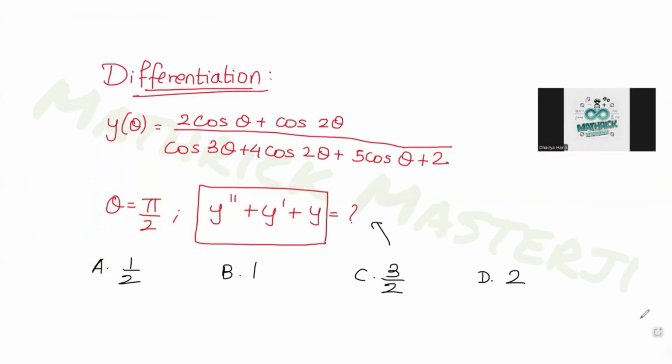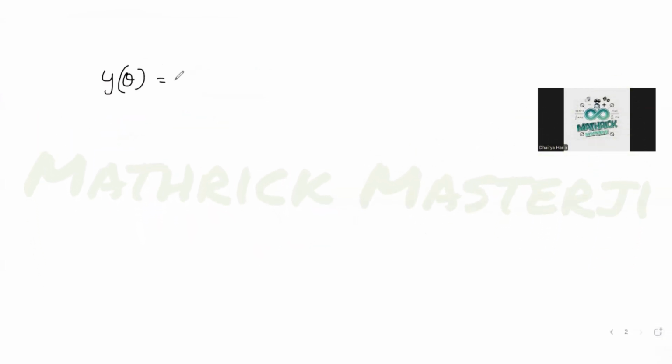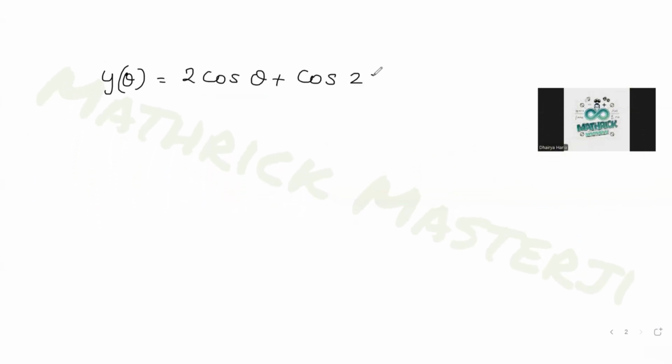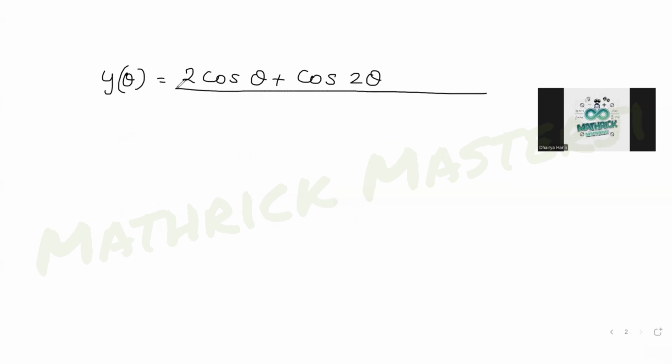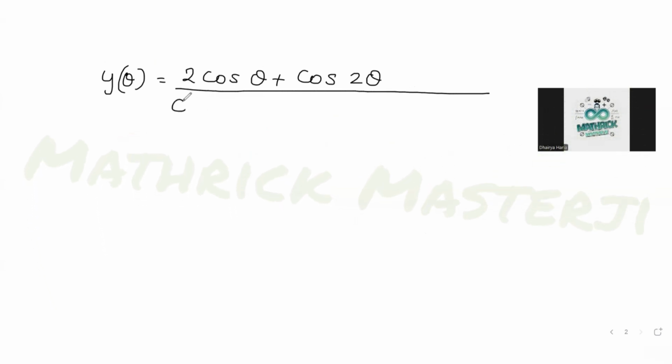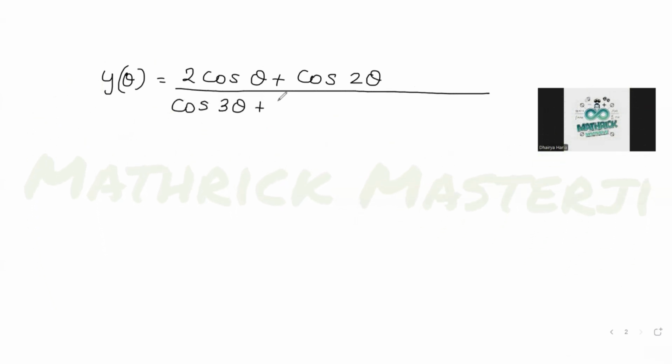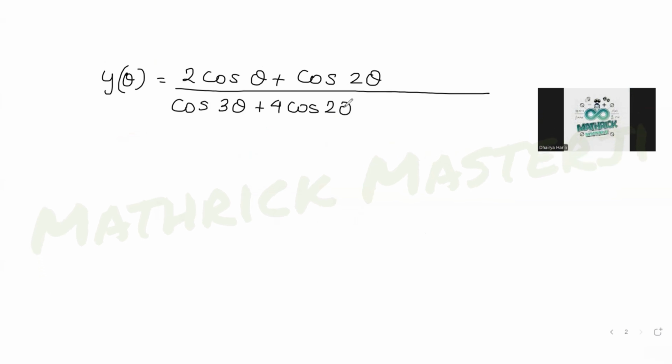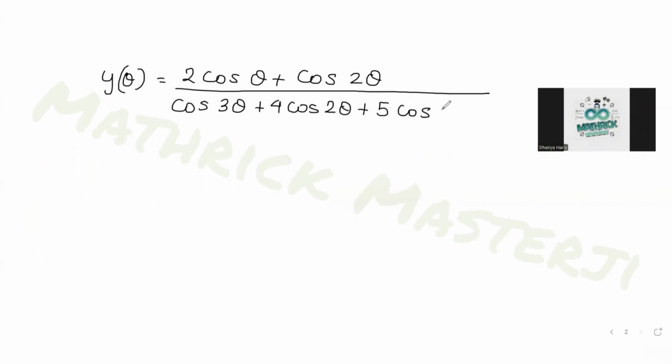Let's see. First of all, I have been given y of theta as a function, so let's try to simplify that as much as we can. 2 cos theta plus cos 2 theta divided by cos 3 theta plus 4 cos 2 theta plus 5 cos theta plus 2.